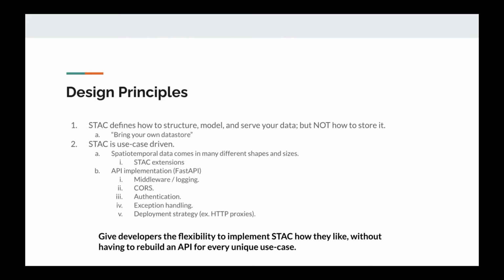I think the Django talk a couple of lightning talks ago was a great example of just different ways that you as an organization or you as a developer have to implement STAC, and it would be a huge pain if you had to build a one-off API every single time. So that's really the goal that STAC FastAPI is trying to achieve within the larger STAC utils ecosystem of tooling.